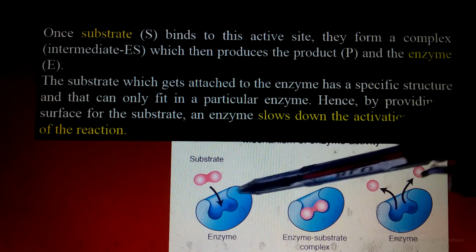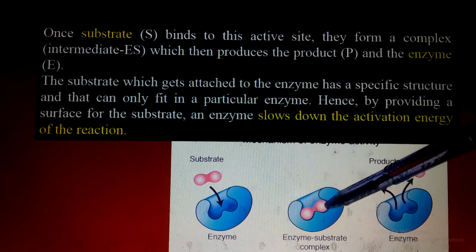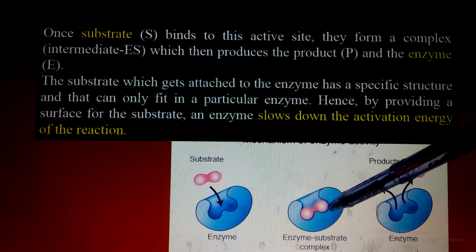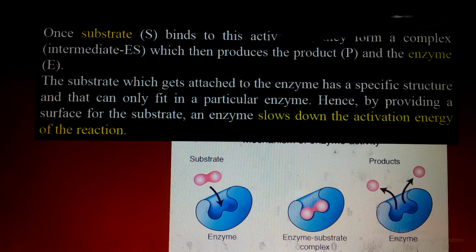So first of all, what will happen? When the reactants or the substrate bind to the active site, it forms an intermediate complex which is known as the enzyme substrate complex. Here the S is for the substrate and E for the enzyme.